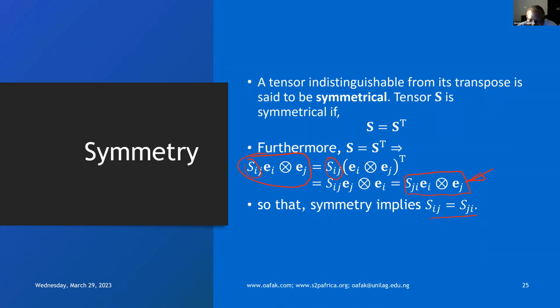That is, if Sij Ei circle times Ej equals its transpose, which means you reverse Ej and Ei, giving Sij Ej circle times Ei, which is written as Sji Ei circle times Ej. So symmetry implies Sij is equal to Sji.